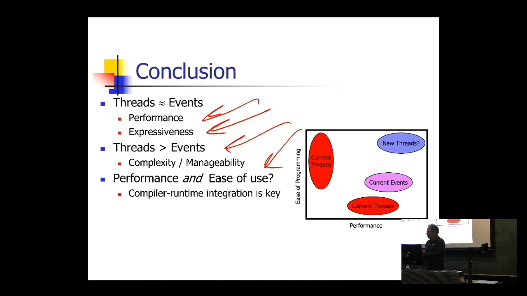One thing to observe about the project is that despite what it looks like, it's not actually that complex, okay? It's simple enough that the choice between threads versus events is relatively unclear. If it was a really simple system, it would be obvious, okay, just use events.